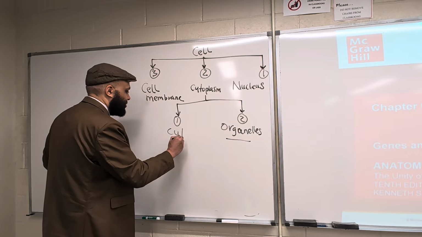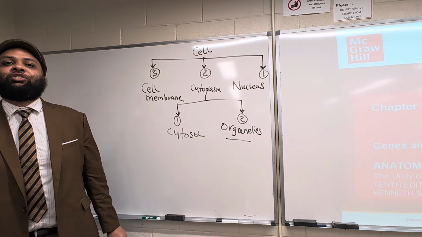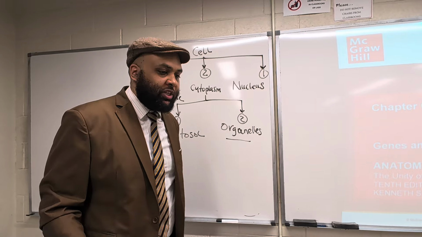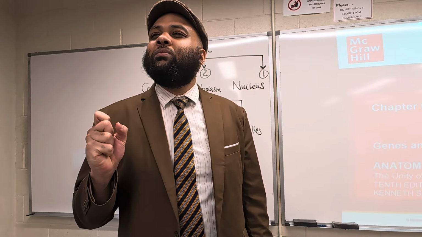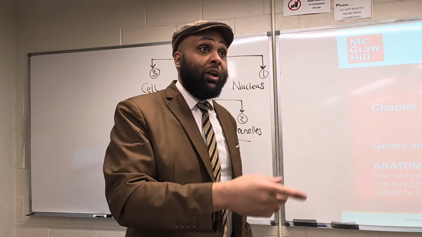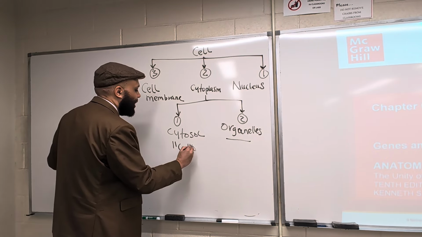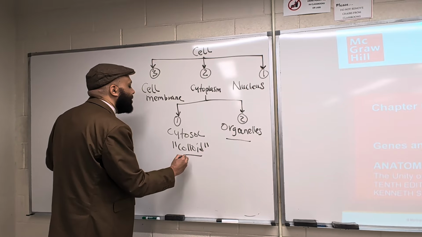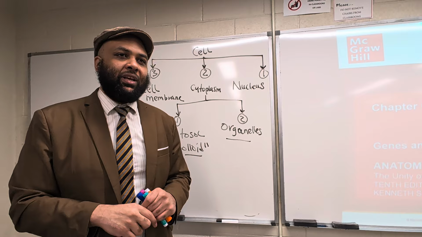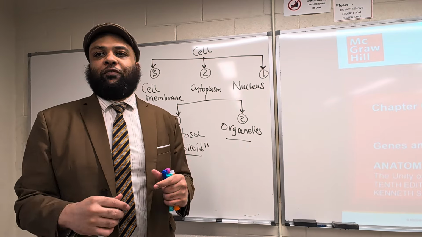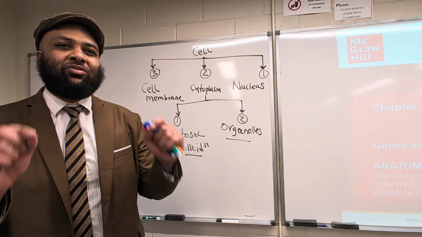So we have the cytosol. And we said the cytosol is what? Is it a solution? Is it a suspension? Is it a colloid? Is it an emulsion? It's a colloid. Excellent. And what does colloid mean? Apparently it's a fluid, but a fluid made up of what? We said a solution is a fluid that has really tiny particles.